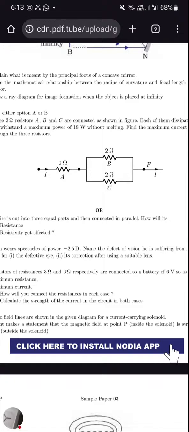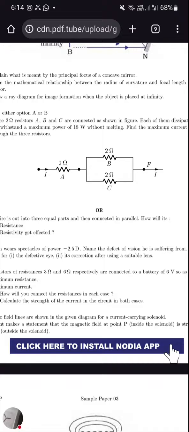Now find out the current. What is the amount of current flowing through A?